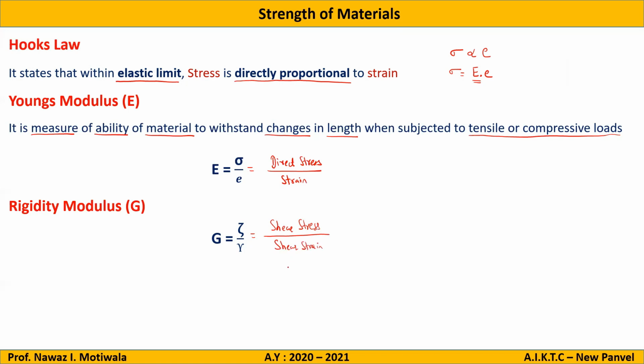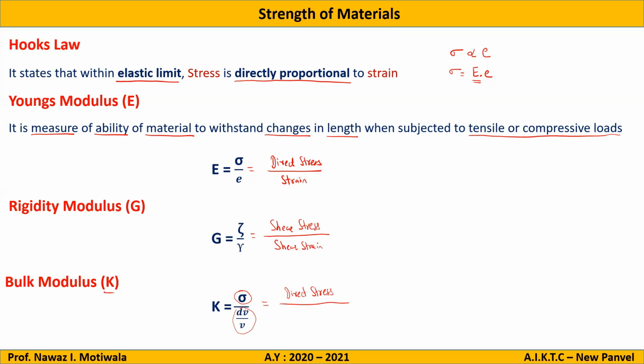Now there is one more constant which is known as the bulk modulus, K, and bulk modulus is given by the ratio of sigma, that is direct stress, divided by dV by V. If I write it in the normal form, it will be direct stress or normal stress divided by dV by V. Here, dV means change in volume divided by volume.